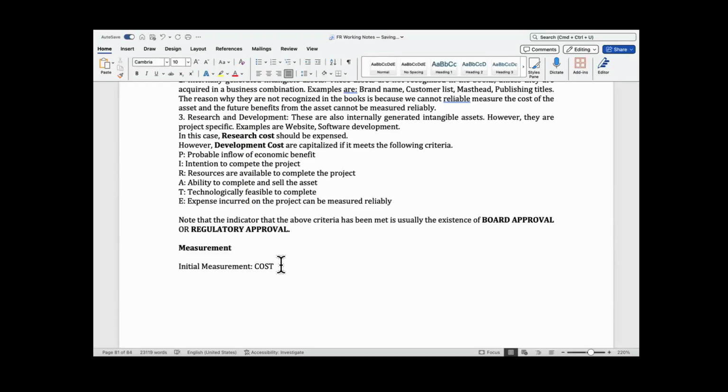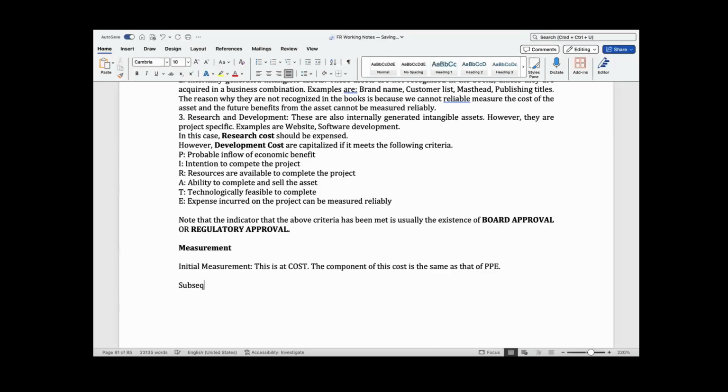Initial measurement is at cost, and the components of this cost are the same as that of PPE. That is purchase price, import duties, non-refundable purchase taxes, less trade discounts and rebates, and directly attributable costs. All of that, the same.